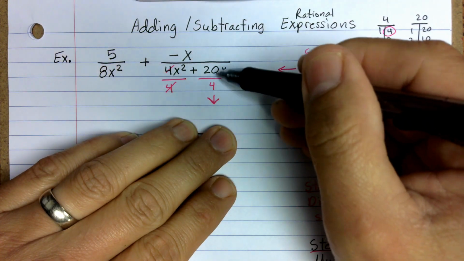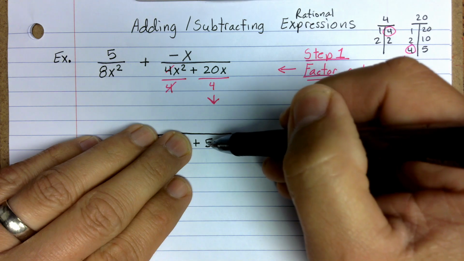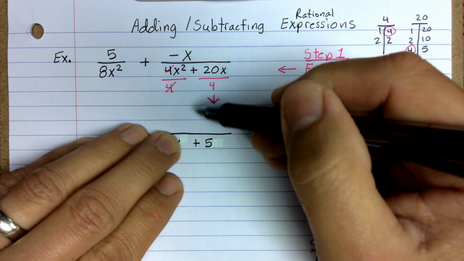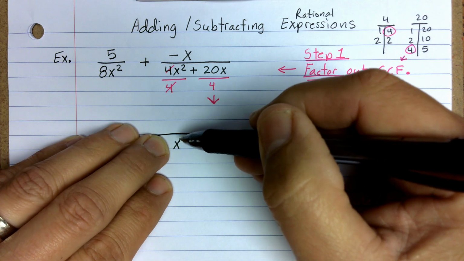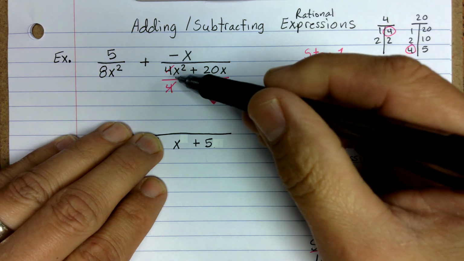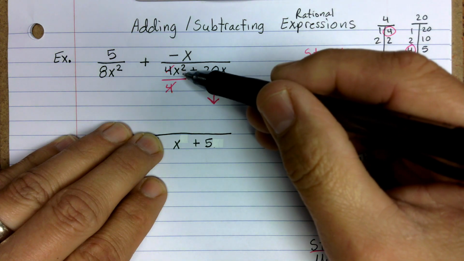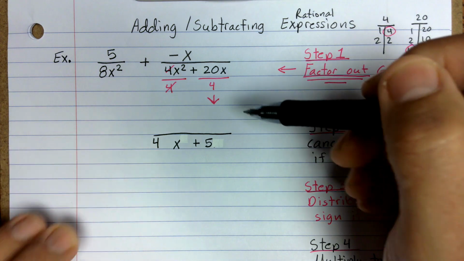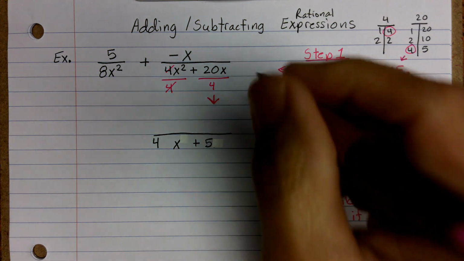When I rewrite this, I'm going to divide the 4 into 20, and that leaves me with a positive 5. And I'm going to divide the 4 into 4, and that just leaves me with a positive 1. I'm not going to write a 1 because there's a 1 in front of every x. But now I'm noticing that we have an x to the power of 2 and an x to the power of 1, so we can also divide out that x value.